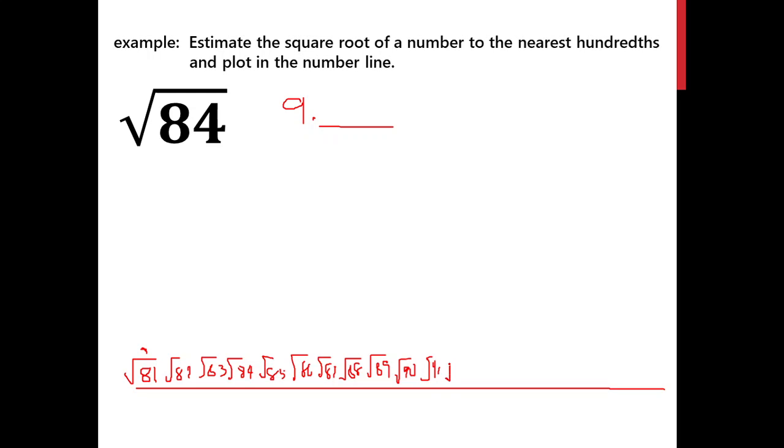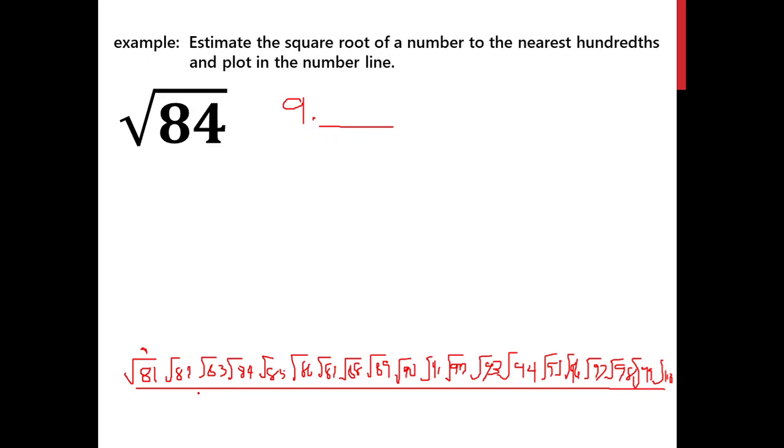I'll just make it smaller. 90, 91, 92, 93, 94, 95, 96, 97, 98. Almost there. 99, 100. Okay, so this is 100.